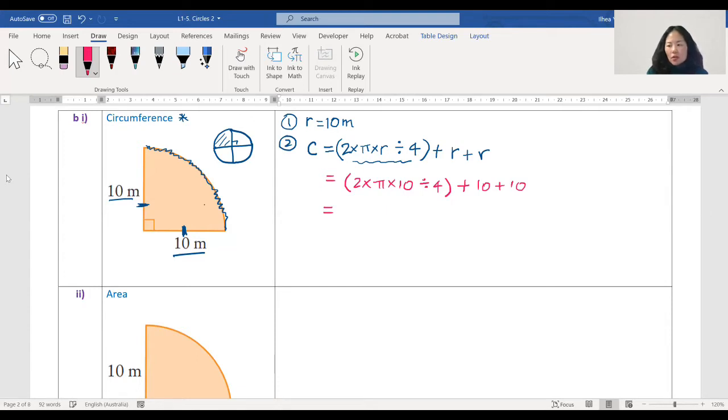Now put that all in your calculator, you will get 35.70796... and we want it to be in 2 decimal places, so 35.71, because the third place is 5 or bigger than 5, rounded up to the next number, which is 0, becomes 1, and our unit is meter.